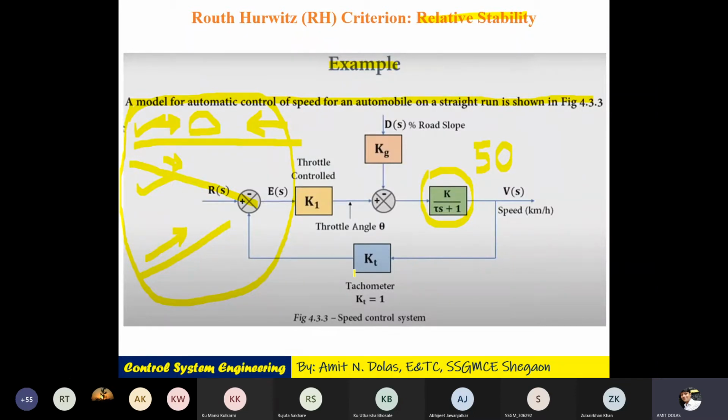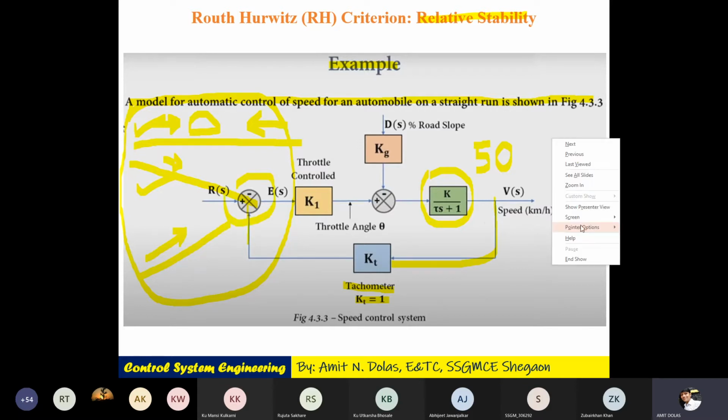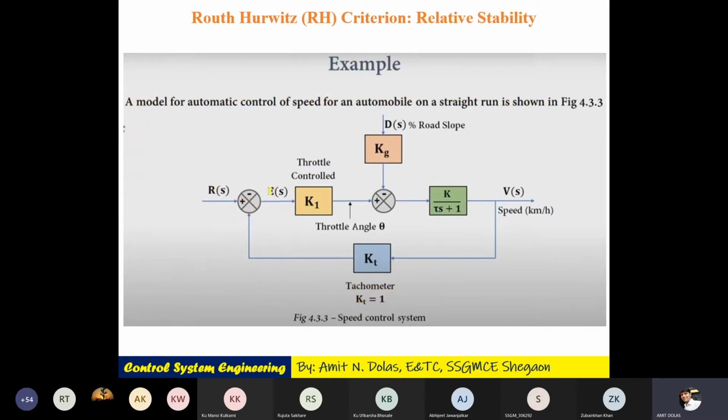Then what happens? This tachometer will check the speed, that is nothing but the feedback taken. This is given to the summing amplifier or summer. Then error is generated, and according to this error, this throttle control, this is the controller, will either brake the vehicle or accelerate the vehicle.